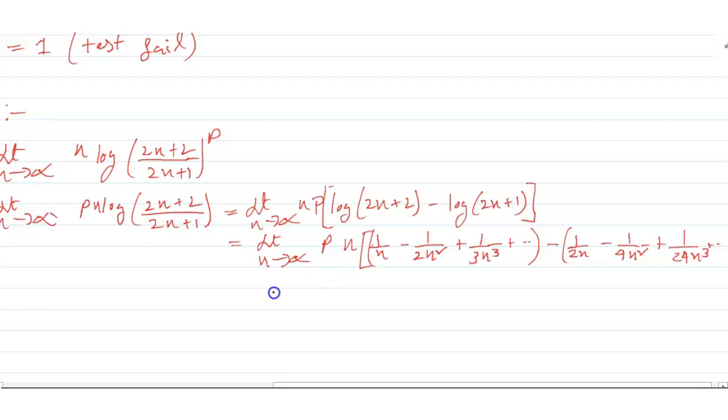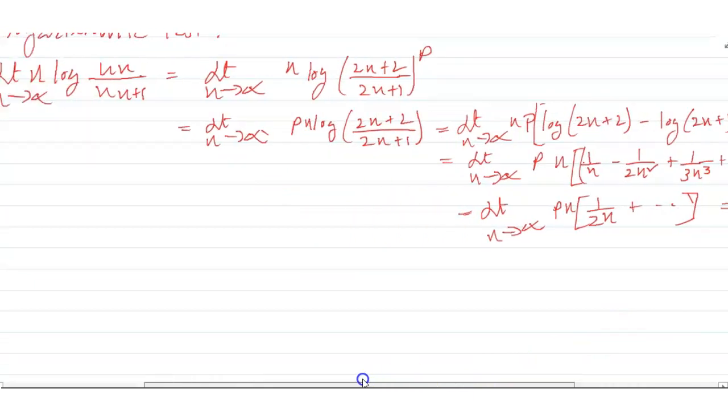And it can be written limit n tends to infinity p into 1 by 2n; the higher terms vanish when n is multiplied, and its value is p by 2.